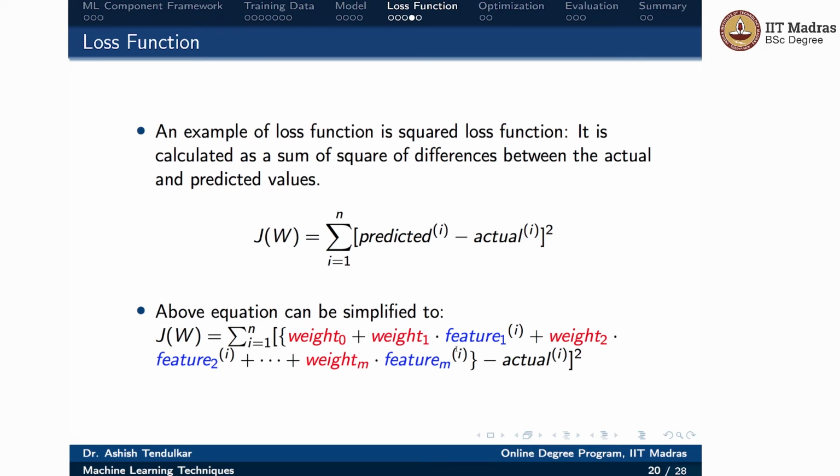So there are m features for each example, and we are essentially calculating a linear combination of these features to obtain the predicted label. So the linear combination of features of the ith example gets us the predicted output for the ith example, and then we subtract the actual output of the ith example, take the square of the difference and sum it up as we have seen over here. So all that we do is take this linear combination and substitute it in place of the predicted.